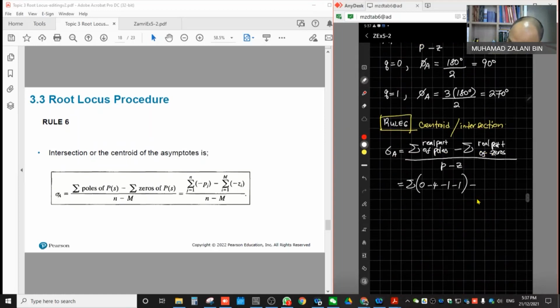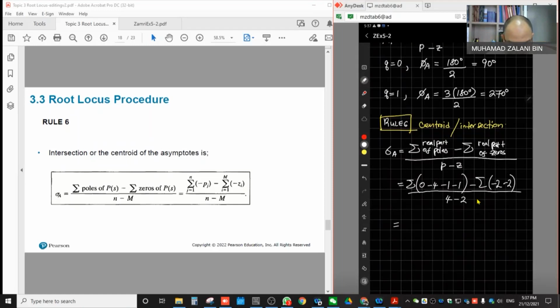Then minus the summation of zeros, -2 plus -3. That is divided by P minus Z, which is 4 minus 2.